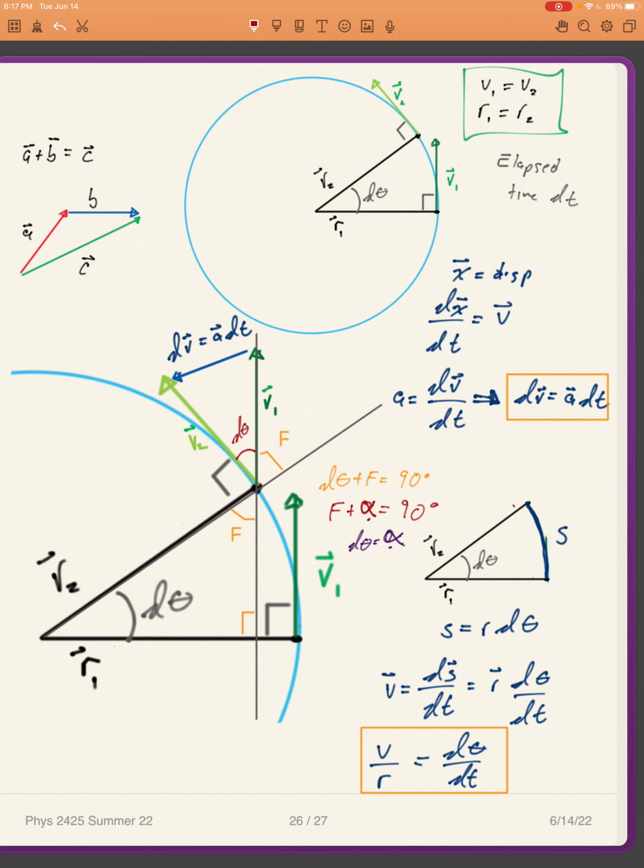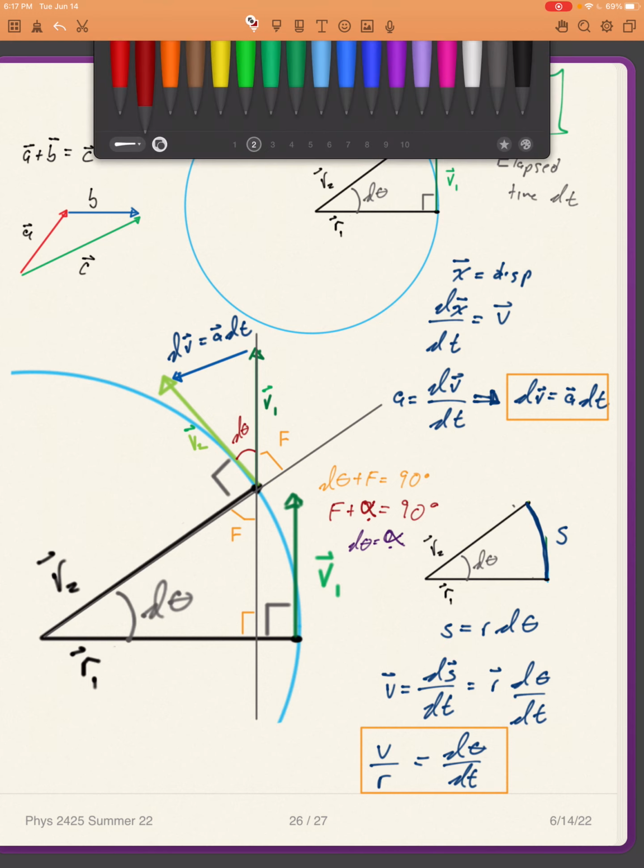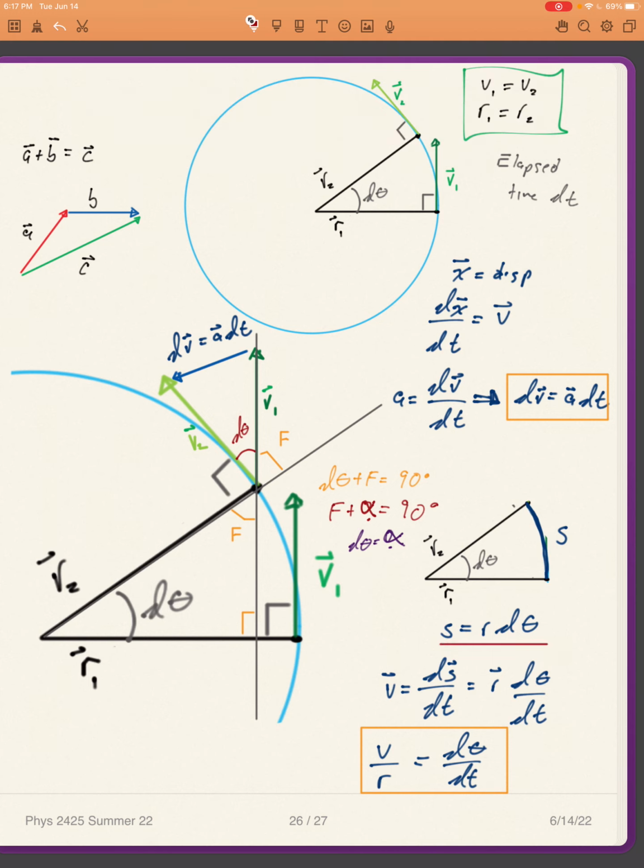And again, I can use this right here that tells me that S is equal to R d theta, and apply it here, and instead of R I have v.